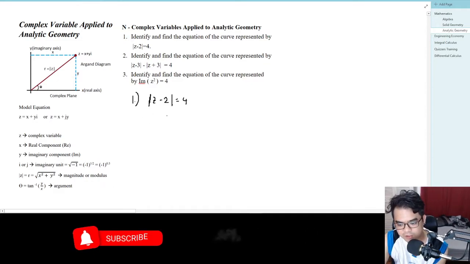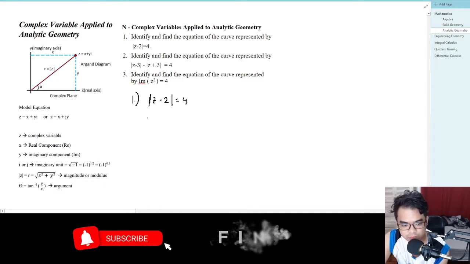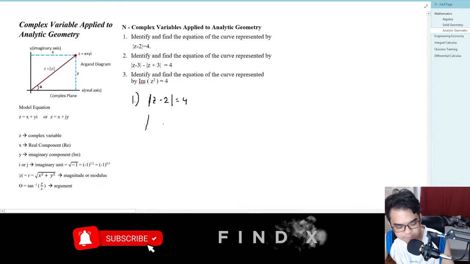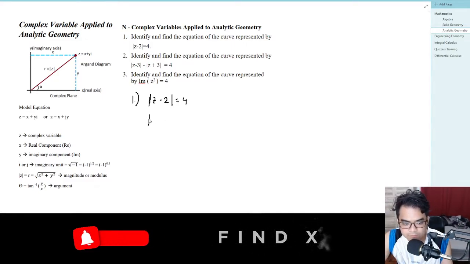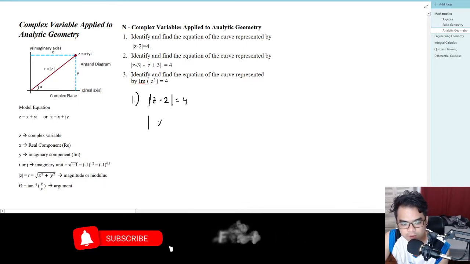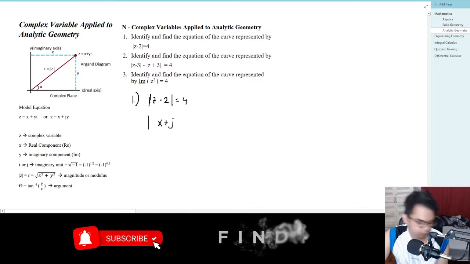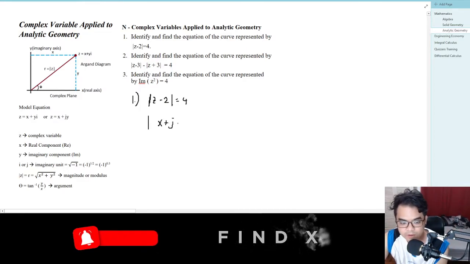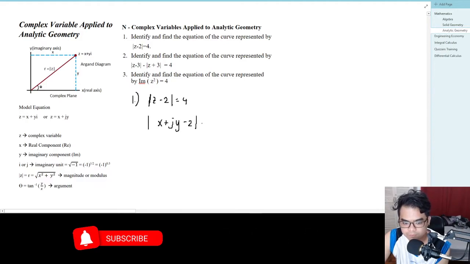Remember that z is equal to x plus jy, so replacing this one, you'll have x plus jy minus 2 equal to 4.